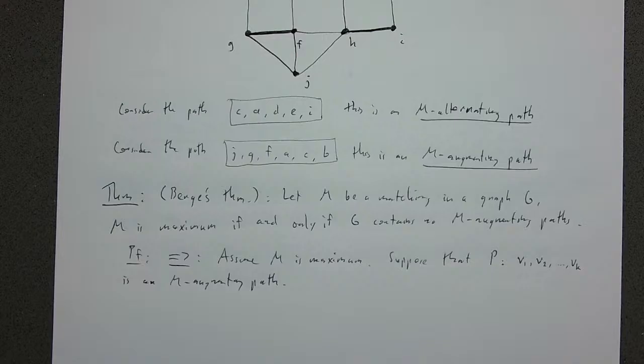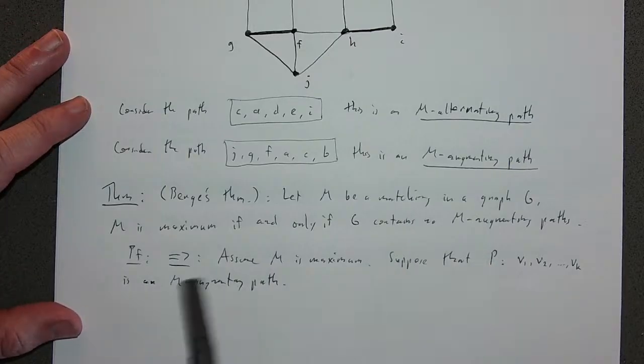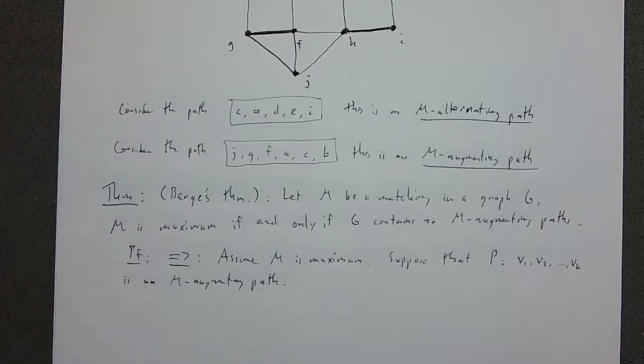Unless I had some other results about M augmenting paths and their existence, it seems hard to relate it to anything immediately. So to get my hands on something, I suppose that I do have one, and then hopefully see why that can't exist. Okay, so that's just the idea here.